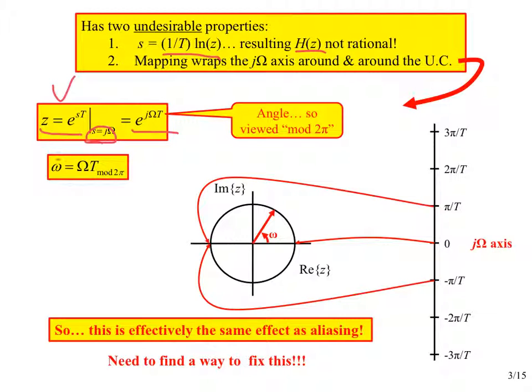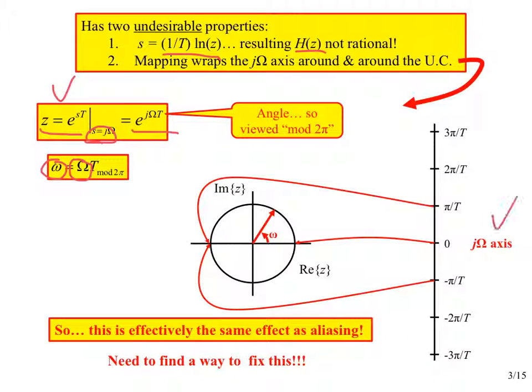So our discrete time frequency, which is the angle around the unit circle of a point, corresponds to the continuous time frequency times t, the sampling interval, interpreted mod 2 pi.